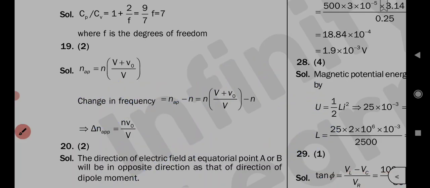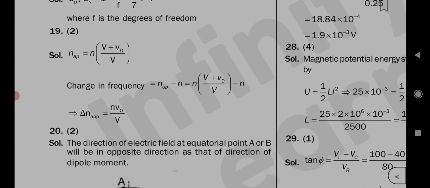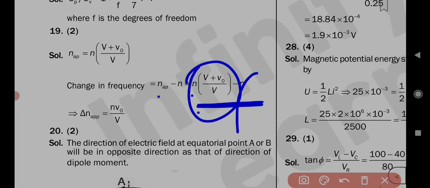Okay, so here you can see the explanation. Similarly, change is nothing but final minus initial, apparent minus actual. This is the change. This is the apparent, this is the actual.